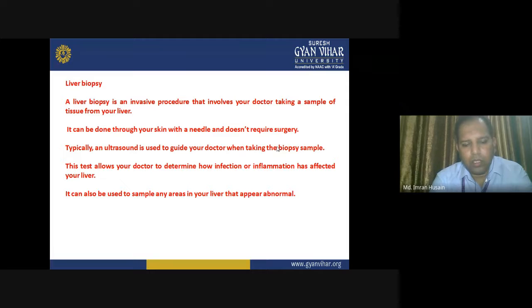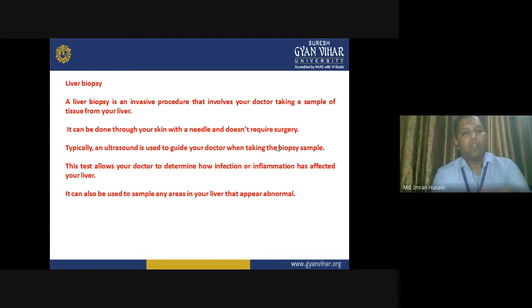Liver biopsy. A biopsy is a process where the doctors take out a small portion from the liver and test it pathologically outside the liver. A liver biopsy is an invasive procedure that involves your doctor taking a sample of your liver tissue.